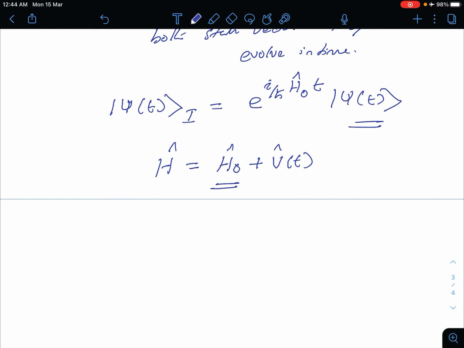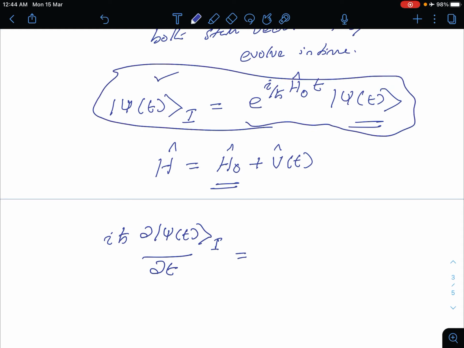Okay, so now the equation of motion, or the time evolution, is i h cross dou psi of t in the interaction picture. Its time rate of change is equal to what? How can I write it? Let's take the time derivative of this part. I'm taking the time derivative of the left hand side, so I take the time derivative of the right hand side.